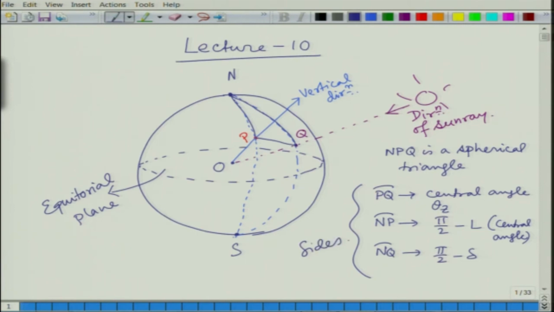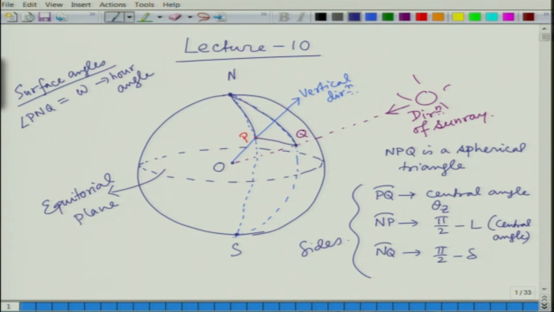Now we need to point out the surface angles. One is readily observable, the surface angle of PNQ, that is nothing but our hour angle.